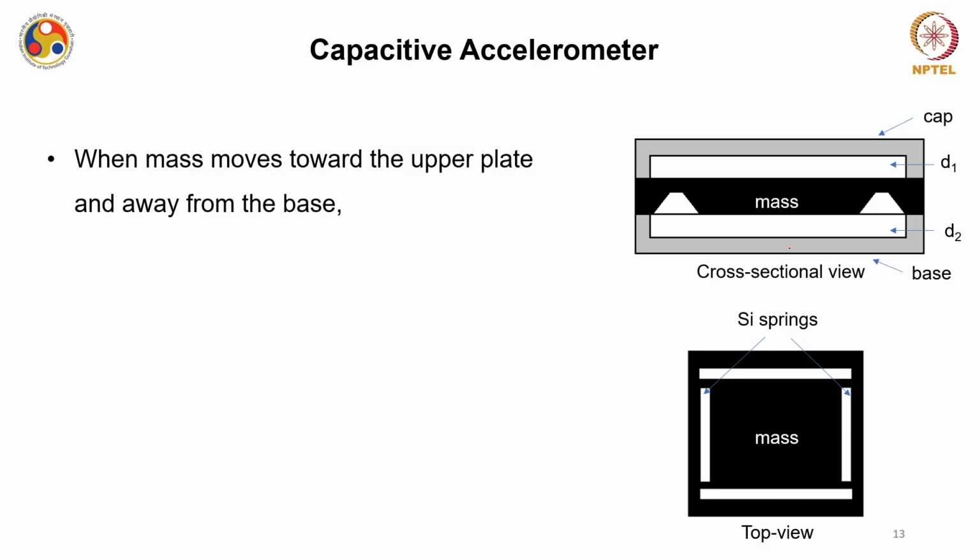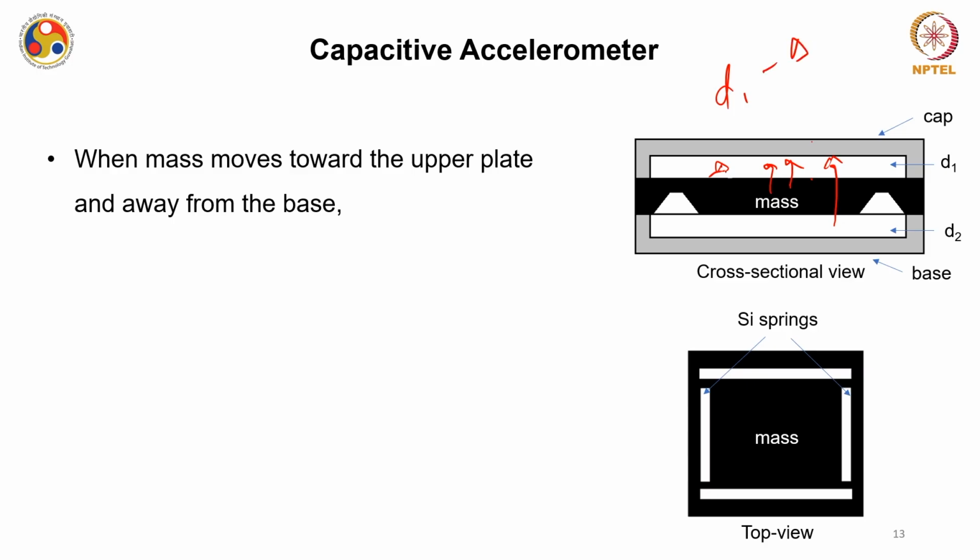So consider the case when this mass has moved towards the upper plate by a distance delta. Since this mass has been lifted in this direction, the distance between this mass and the upper plate has decreased, and the new separation is D1 minus delta.